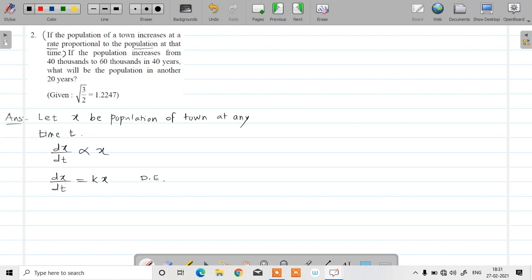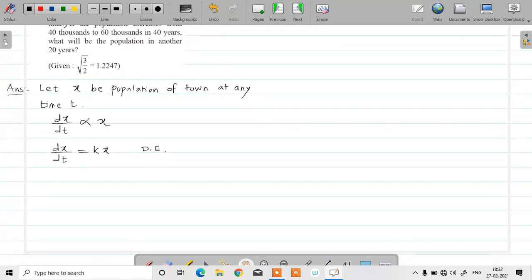Now x and t are variables. By using the variable separable method we will solve this differential equation. So see the next step, just to separate out the terms x and t here. So we get dx upon x is equal to k into dt, like this.